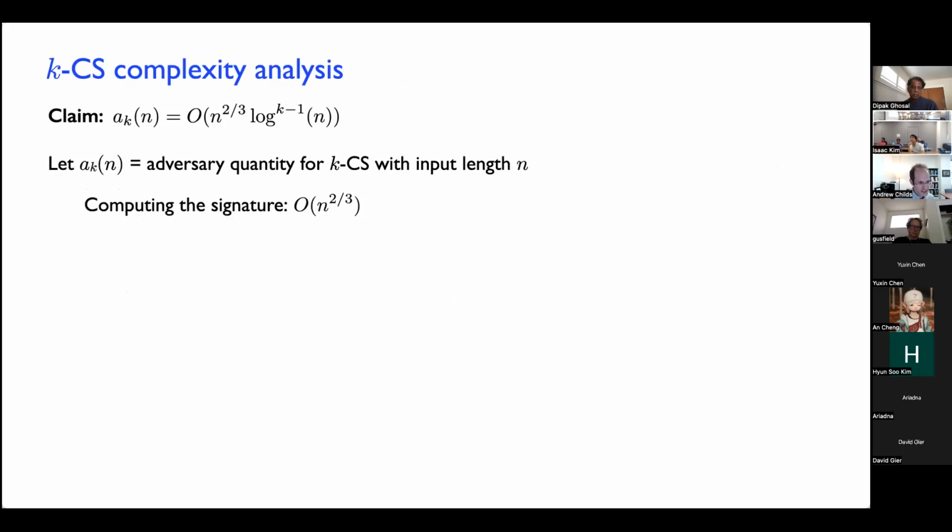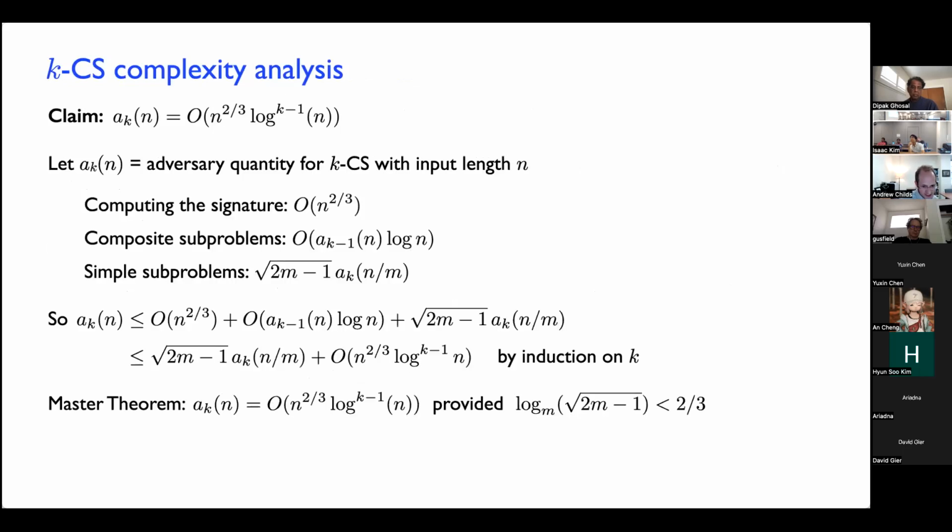But the complexity analysis, just to show you where this 7 comes from: we have this square root of 2m-1 that has to do with the number of possible simple solutions that we could have. So we have square root of 2m-1 subproblems that we have to consider of size n/m. And then we have some other work that scales like n to the 2/3.